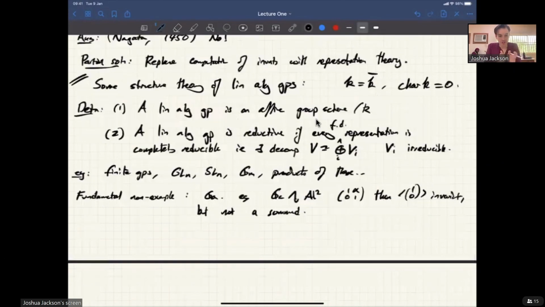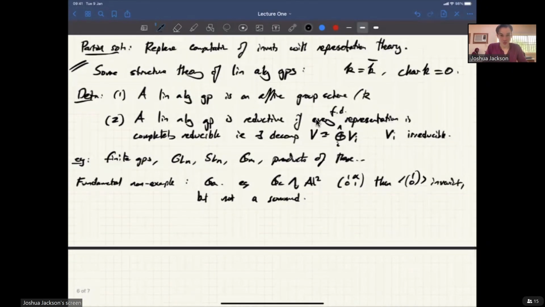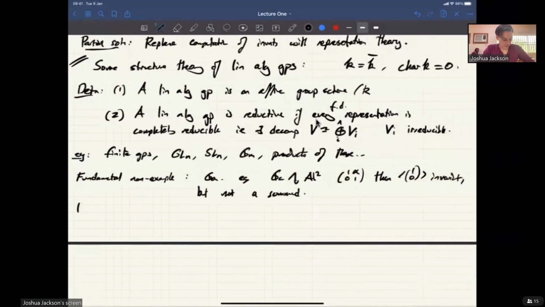And that dichotomy between G_a and G_m is, in some sense, the first instantiation of this kind of structure theory for linear algebraic groups. So let me give you the definition of sort of the opposite of reductive.